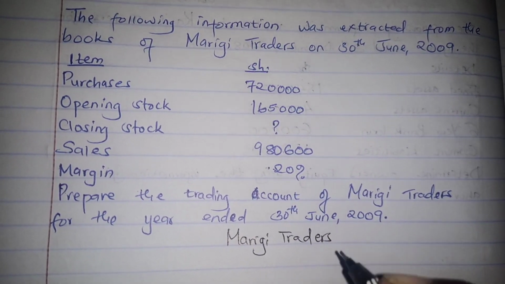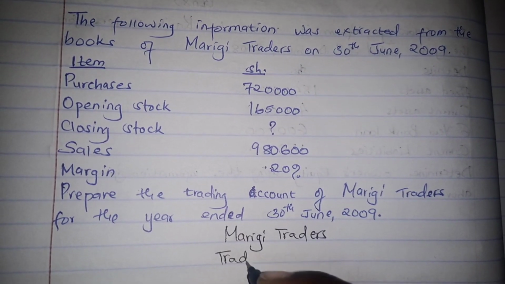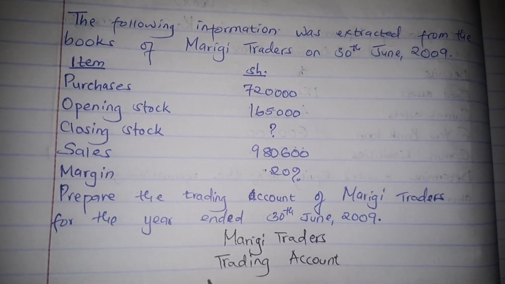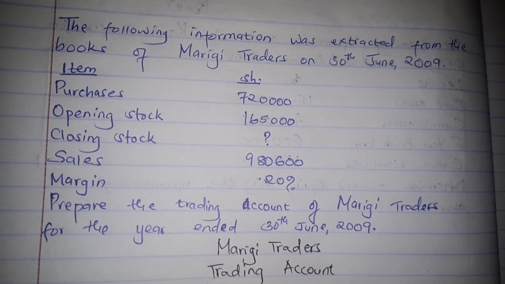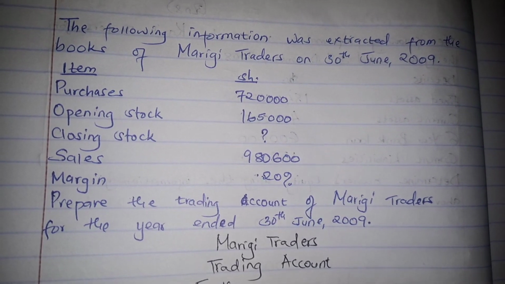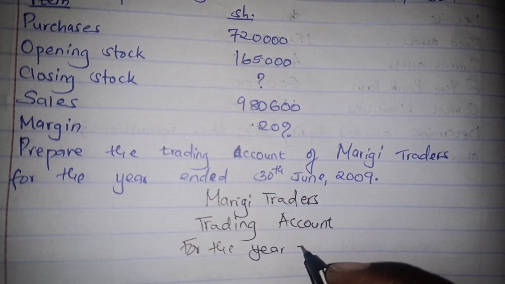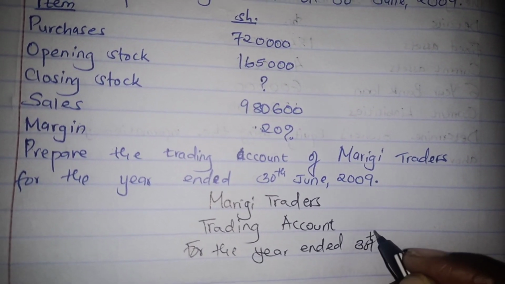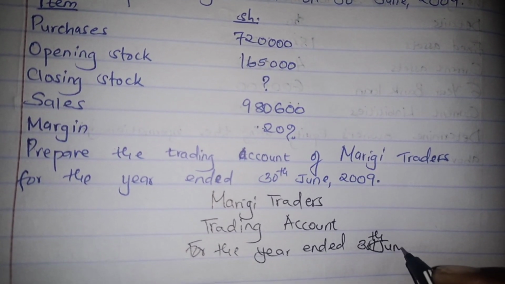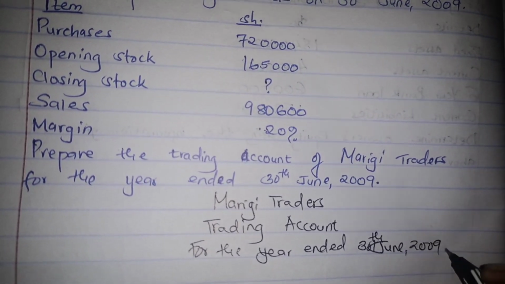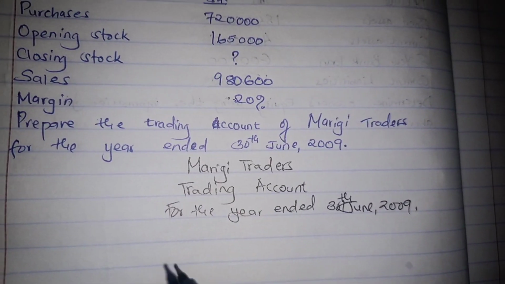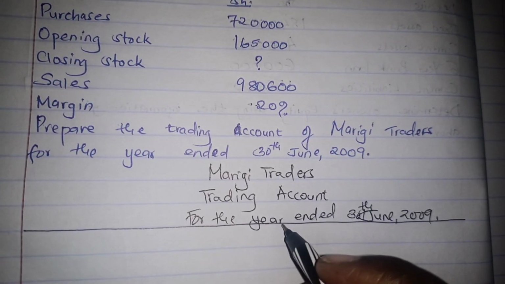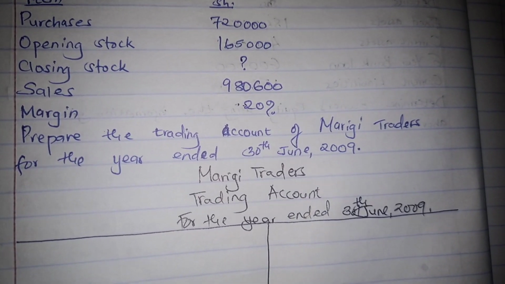Marigi Traders, trading account, for the year ended 30th June 2009. Then after that, you draw a capital T.